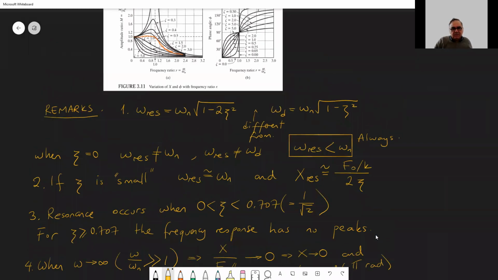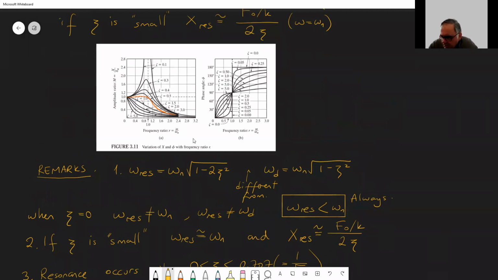We can see it in this picture that for very high values of omega, that is around here, or here, all the values of the response go to 0, okay? Which means that if you force a system with a very high frequency input, the response is going to be very small.